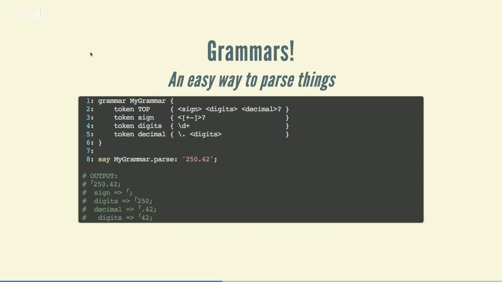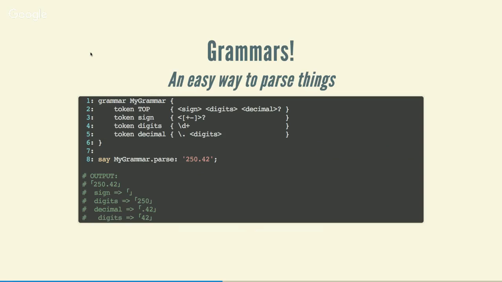The result I get is the match object. And from the output, you can see it printed out what matched, and it printed out a bunch of tokens. And the way you define those tokens is from the grammar itself.